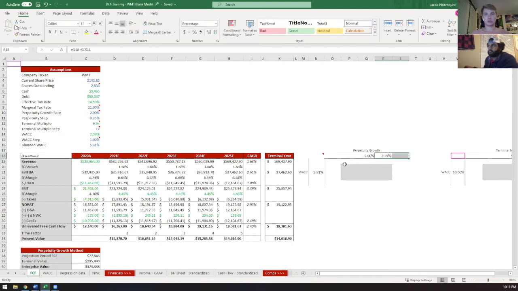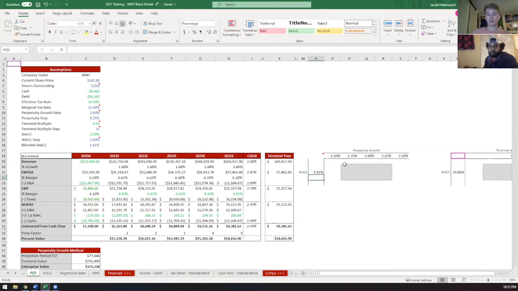That way I can just drag this over. And then this will be the 2% minus the perpetuity step. Unfortunately, I can't drag it over like I did before, but I'll just quickly do that again. And there we go. Now we got our range.